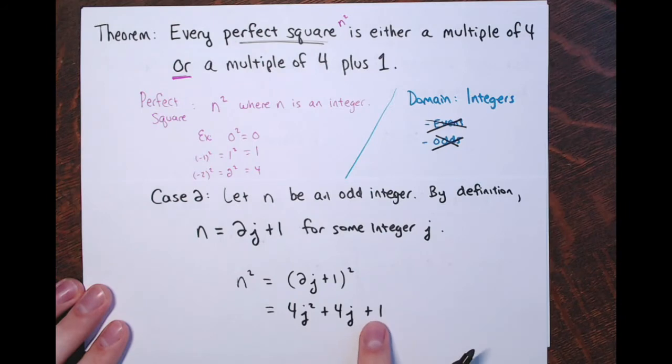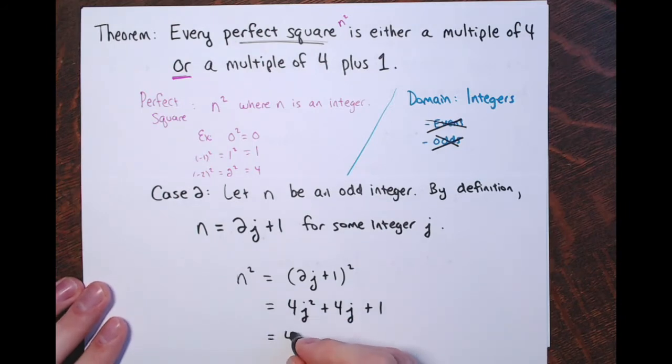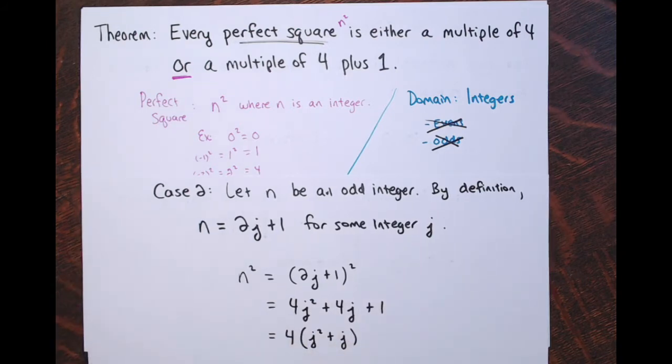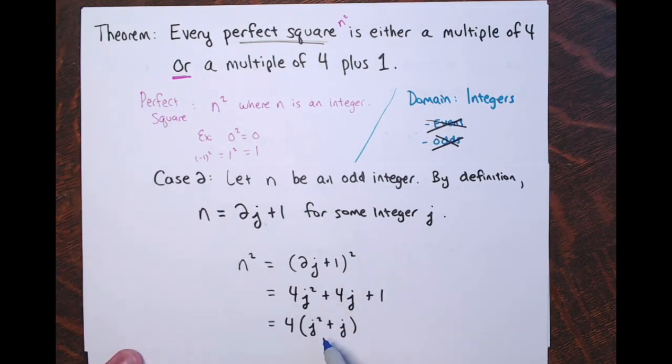I got the plus 1, and then both of the first 2 terms have 4 in common. If I pull a 4 out, you'll have the quantity j squared plus j, and that's an integer. If j is an integer, then j squared plus j would also be an integer. And then you've got the plus 1.